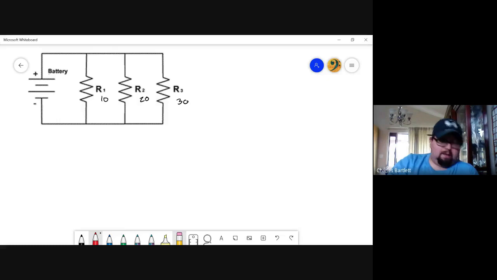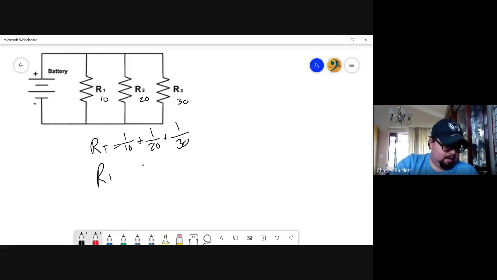So how do we add that up? The best way is for me to show you on the calculator, but let me show you a visual representation of that. RT equals the reciprocal of 10, which is 1 over 10, plus the reciprocal of 20, which is 1 over 20, plus the reciprocal of 30, which is 1 over 30.